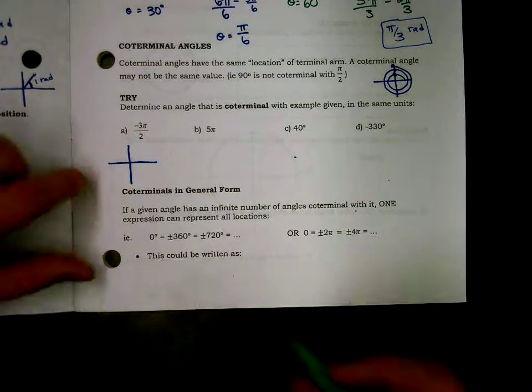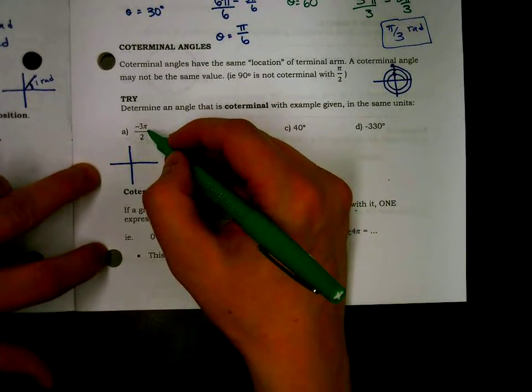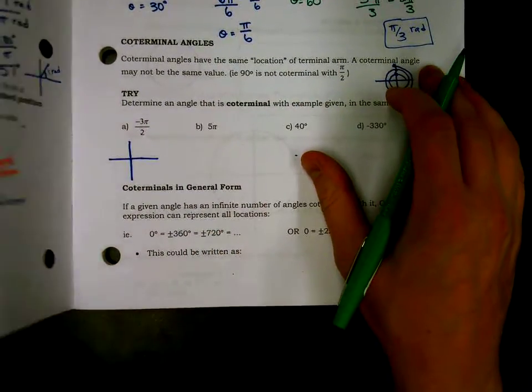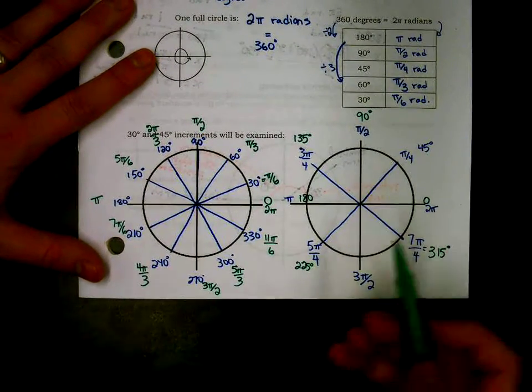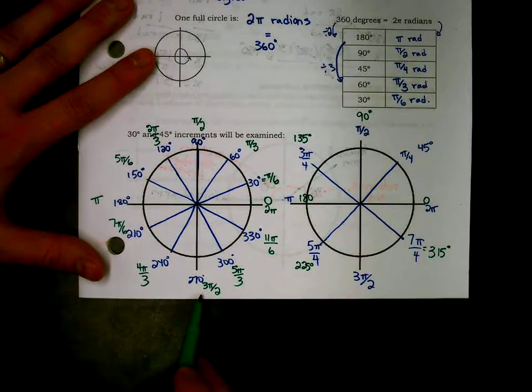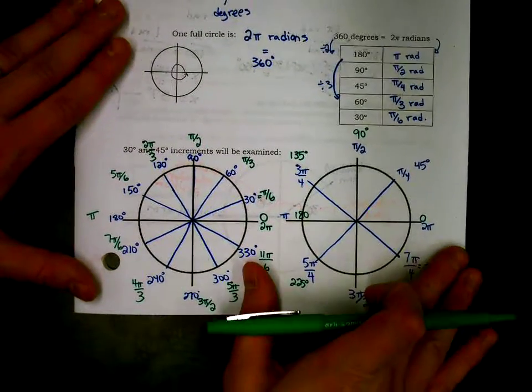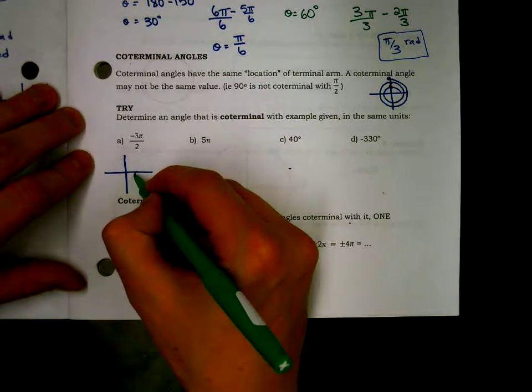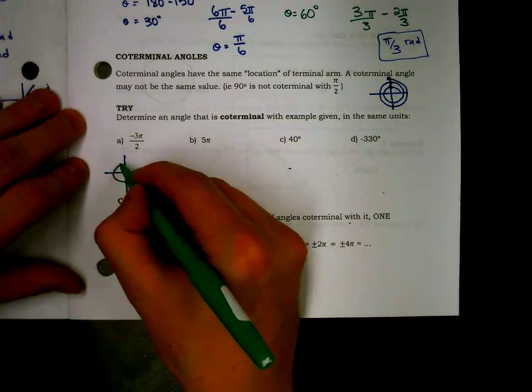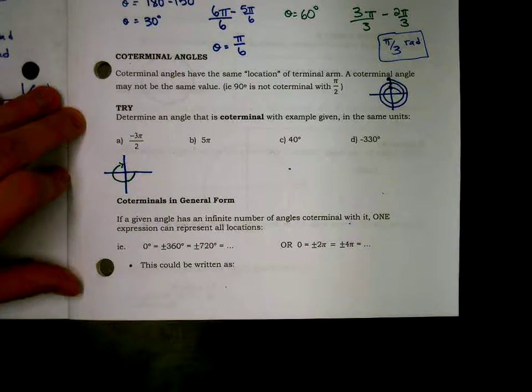So for this first one, we've got a negative 3 pi over 2. And if you're thinking very, very carefully, you might be going back to these rotations and saying, well, where was 3 pi over 2? Ah, that was 270 degrees. You can definitely reference this the entire time. So negative 3 pi over 2 is negative 270 degrees, which takes us right up to the top.